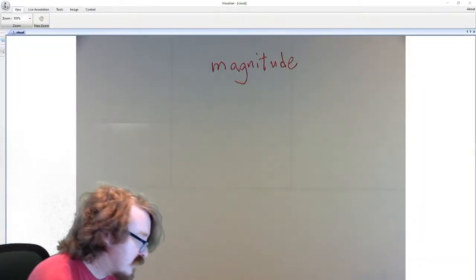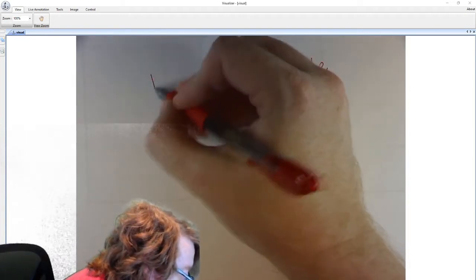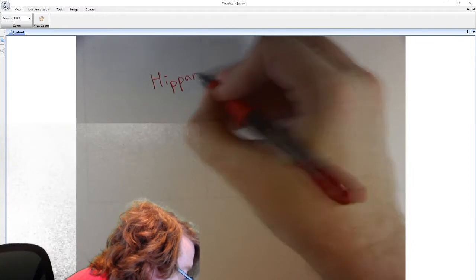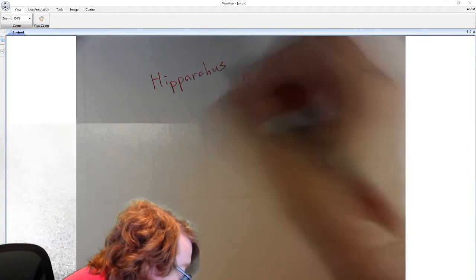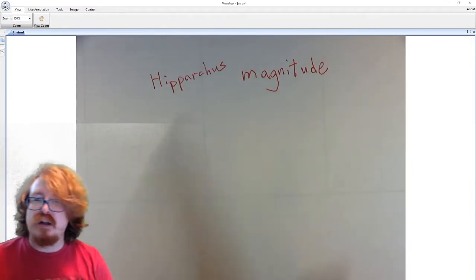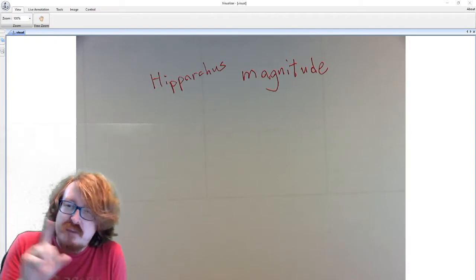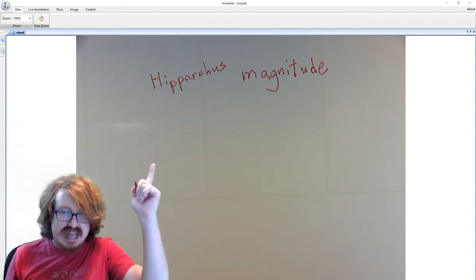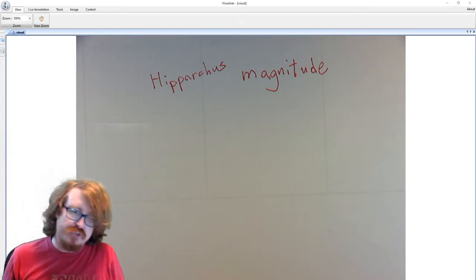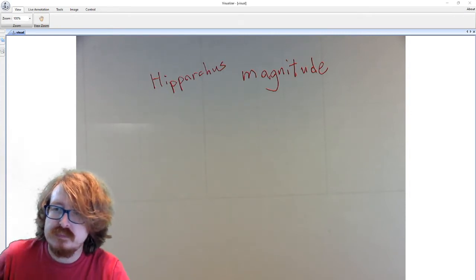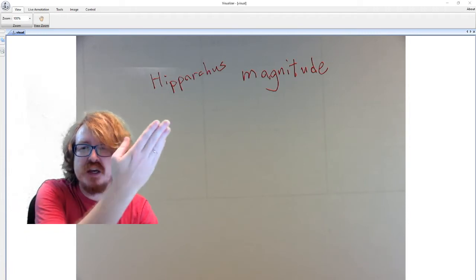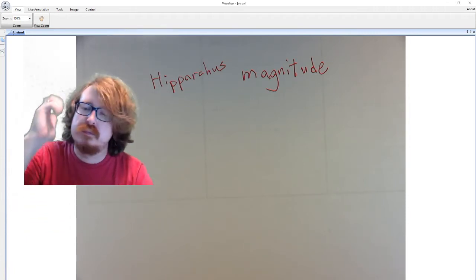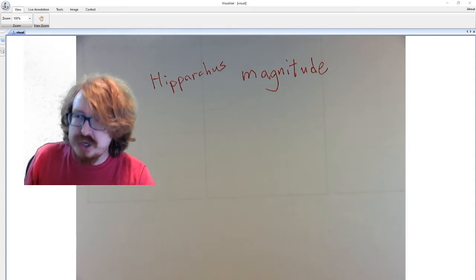The magnitude system was originally set up by a guy named Hipparchus. It might only be one P, but it doesn't matter. Based on that name, can you tell when this guy was around? When did he come up with magnitudes? This is an ancient Greek person.